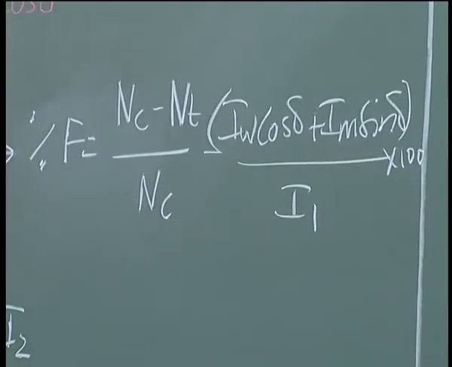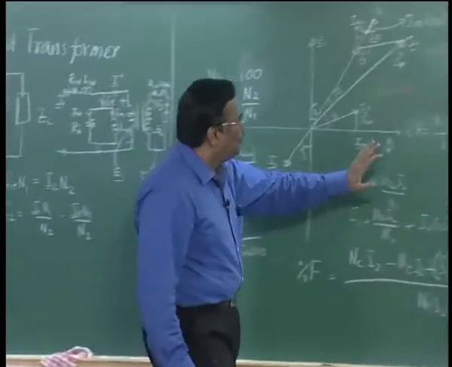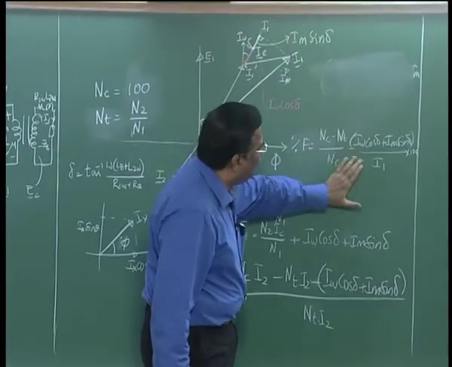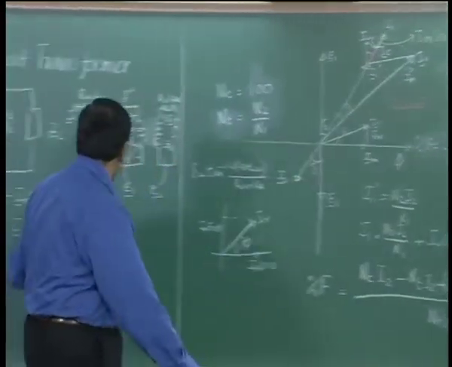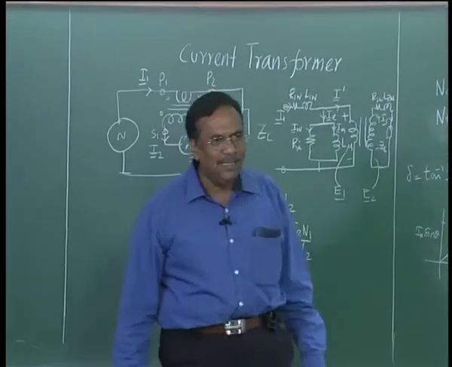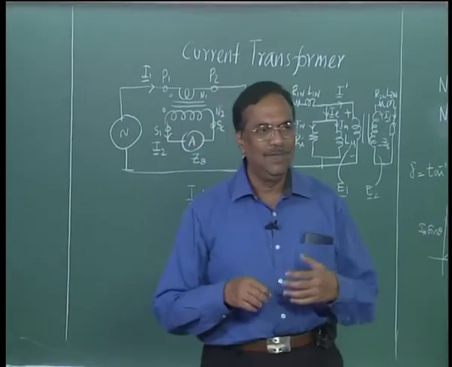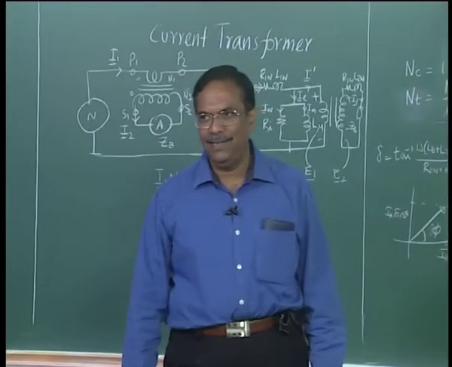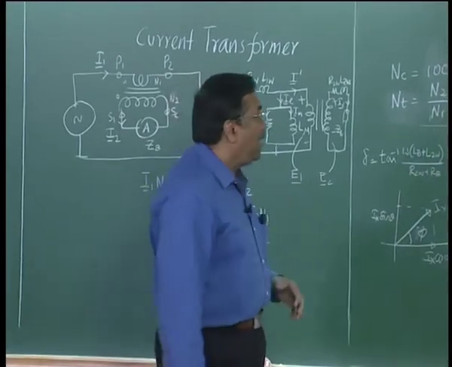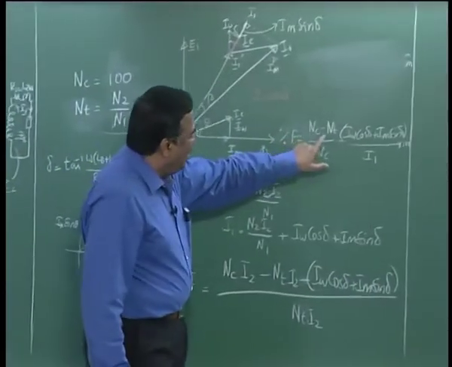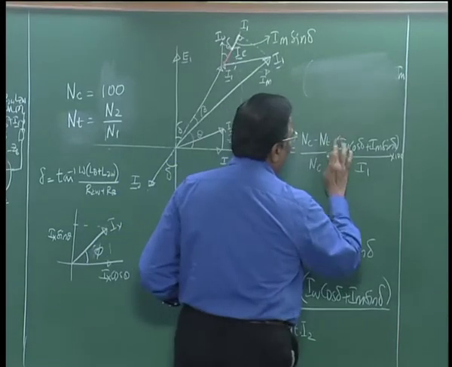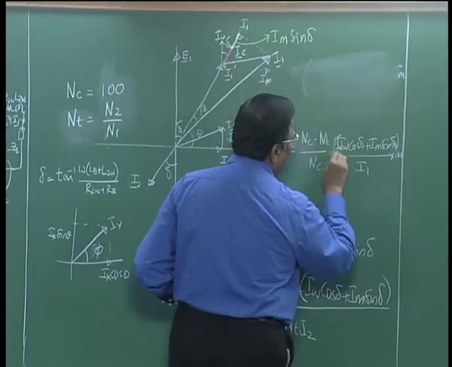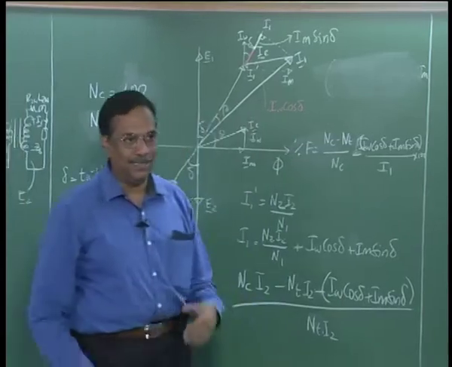Now, what do I see? If I make NT and NC the same as expected, I make NT also NC, this goes to 0 and I have a negative error which we decided we will have. What is IW and IE? Components of excitation current, right. But now I make NT, please remember this value will always be negative, that is what we learnt, right.